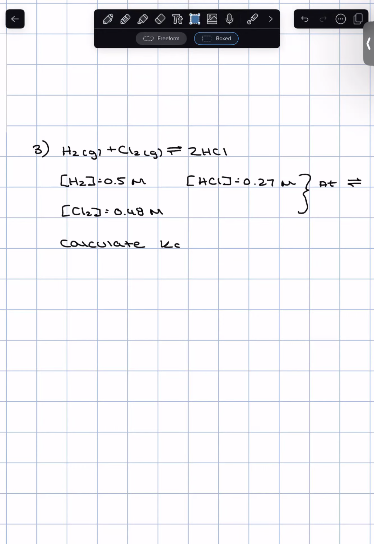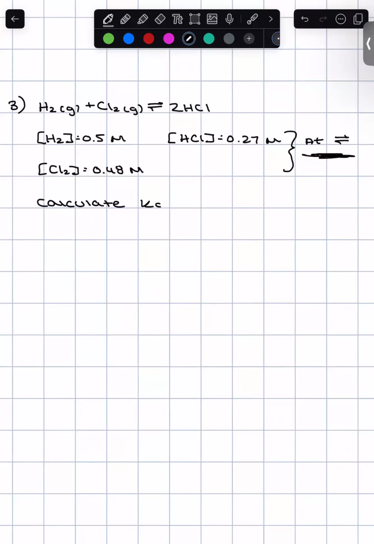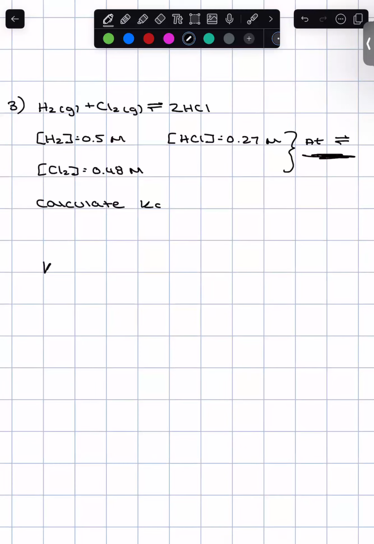All right, so this one's pretty easy. I just wanted to go over this because in new questions, they're going to tell you it's at equilibrium. Some students see that and then they start doing ICE tables. Don't do that. Kc, this is very easy. Remember our Kc constant has HCl squared. These are all aqueous, or I guess gaseous.